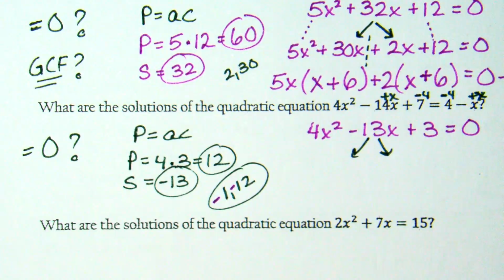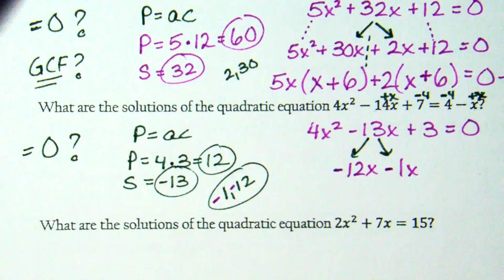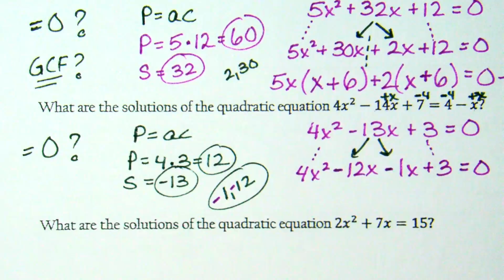Neither of them are great here in this particular case, so if we do negative 12x minus 1x, I'm okay with that. After you split that middle term, you bring down your first term, bring down your last term, and it still equals 0. So 4x squared minus 12x minus 1x plus 3 equals 0.